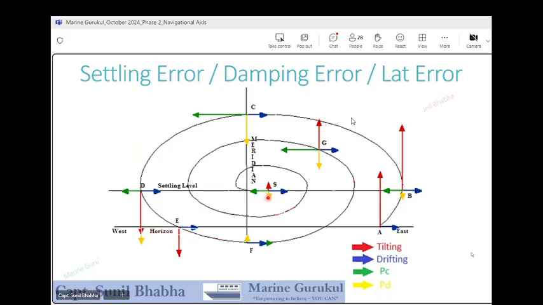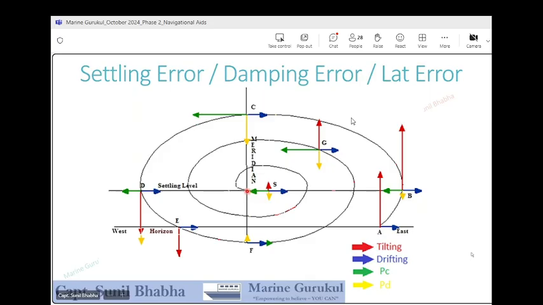Now we are aware that tilting is upwards whenever we are east of the meridian. Whenever the spin axis is east of the meridian, the tilting is upwards. You can have a look at Bravo, at Golf, at Alpha. All these points are east of the meridian and the tilting is upwards.